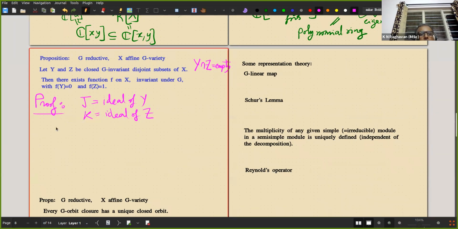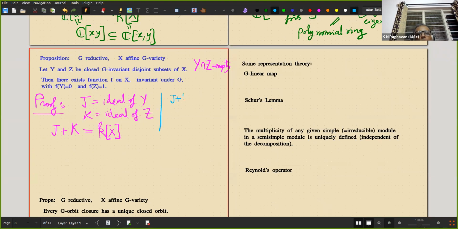Now what should be J plus K? Because they are disjoint, it follows that this is the whole ring. Very quickly, why is this? The reason is simple.